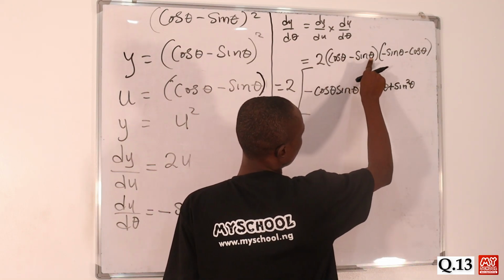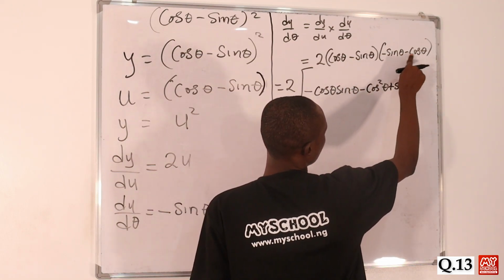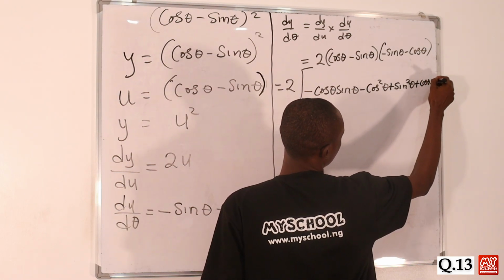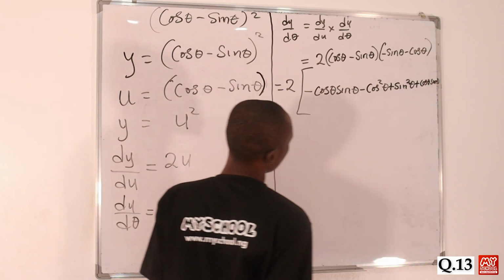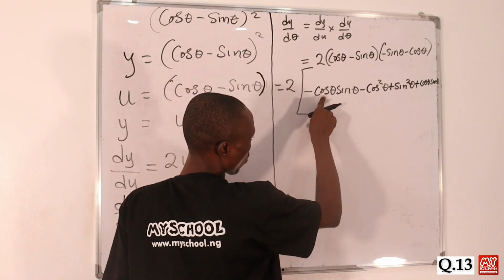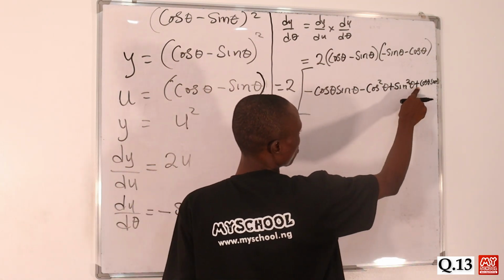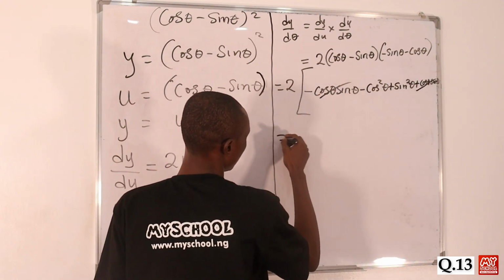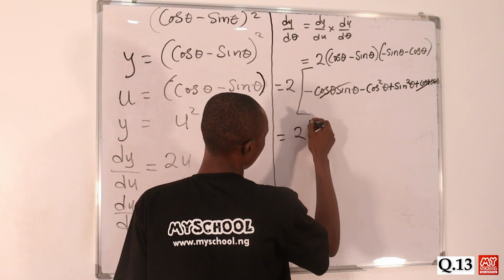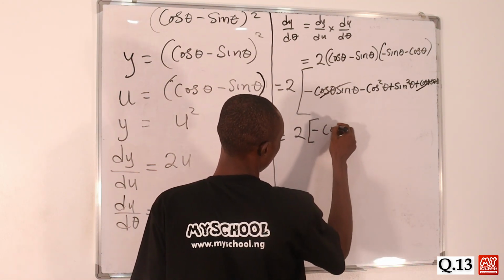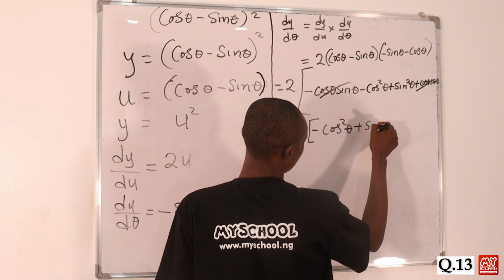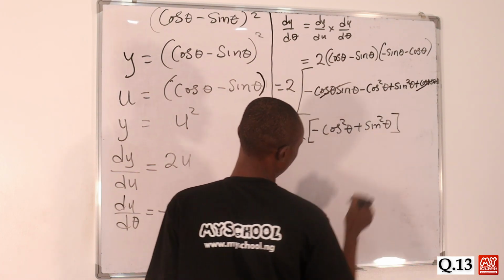Then minus sine theta times minus cos theta will be plus cos theta sine theta. Now we have minus cos theta sine theta here, and we also have plus cos theta sine theta here, so they will cancel out. So at the end of the day, we still have 2, then bracket minus cos squared theta plus sine squared theta in bracket.